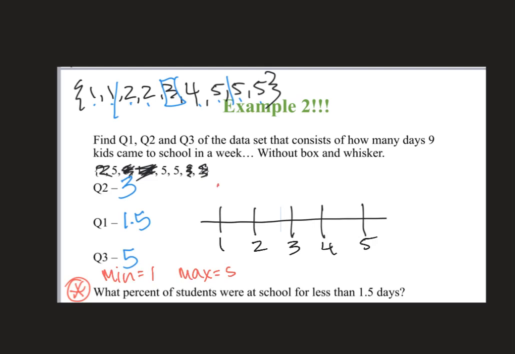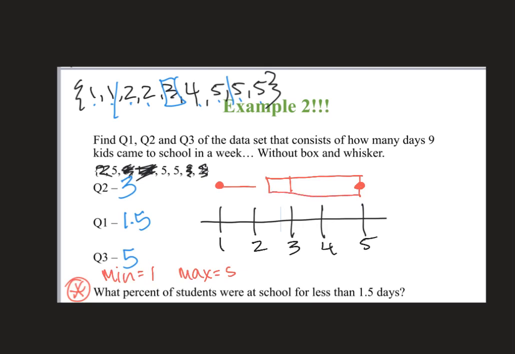Okay, so I want a dot above 1, a dot above 5 for my min and my max. For Q2, I have a line above 3. For Q1, I have 1.5. And then Q3 is at 5.